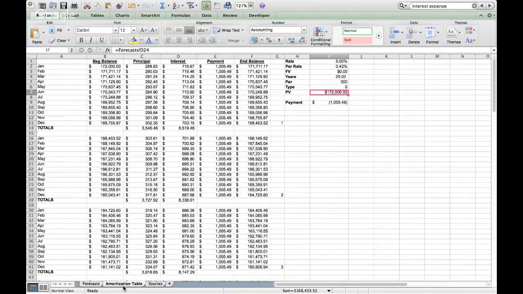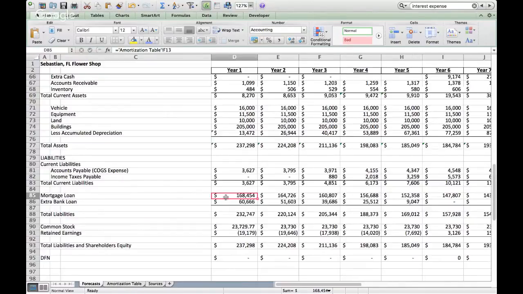So our total loan is for $172,000. But as you can see, for year 1, it refers to the end of that first year. And so it starts out with 168,454, and then going forward, it just goes to every consecutive year.